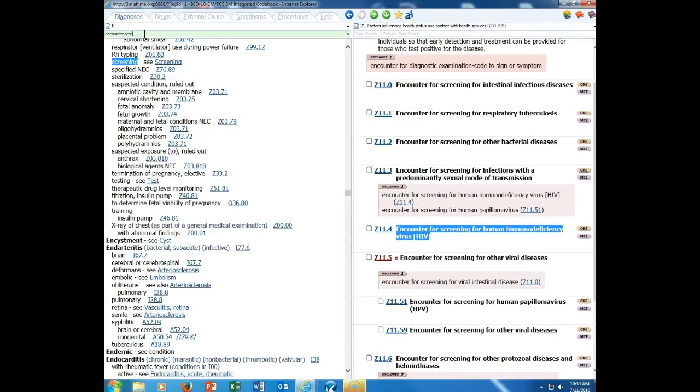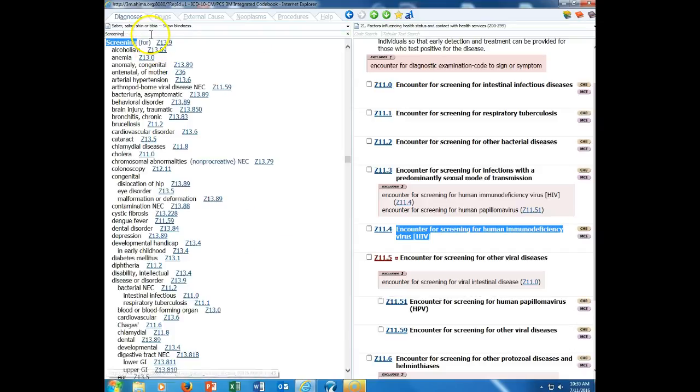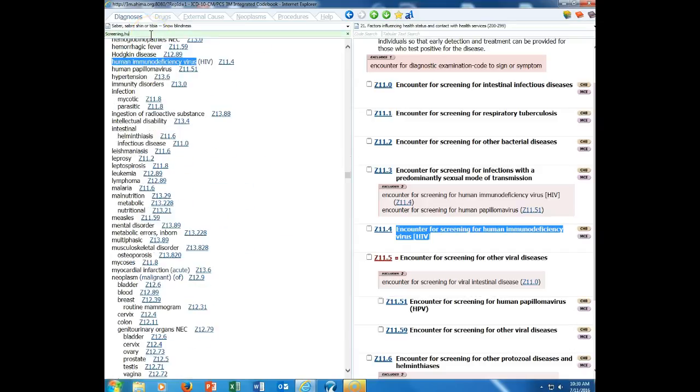If we do encounter for screening, it tells us to go see screening. And then if we go to screening and human immunodeficiency virus, we will find this code Z11.4, and it's a code specifically for HIV screening.